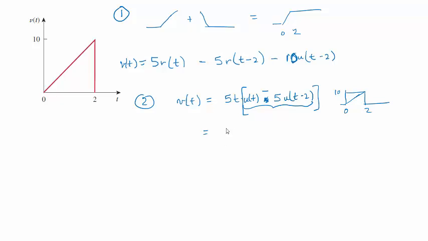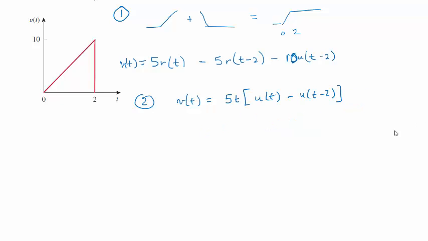So now I go ahead and do the math right here. 5t u of t minus, this is 10. Let me pause for a minute and fix what I just did because it's too messy. So I am going to pause. Okay, so I rewrote it there so it doesn't look as messy.